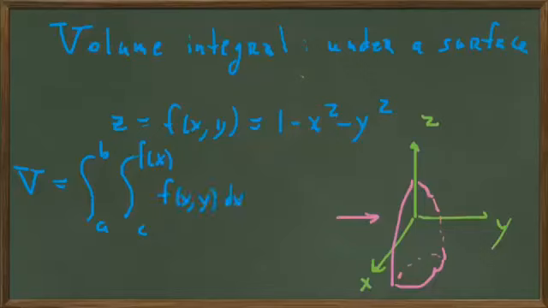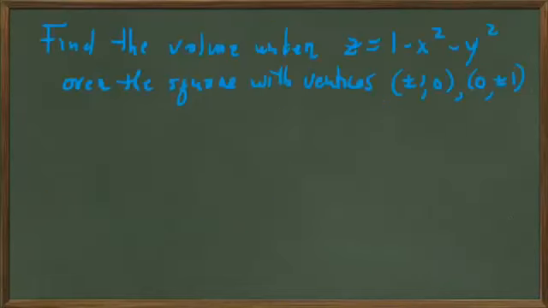First, in this case, dx, then dy. So how do we set this up? Let's move to the next blackboard to see how to do that. So we're finding the volume under this function over the square in the xy plane with these vertices. So let's see what that square looks like in the xy plane.